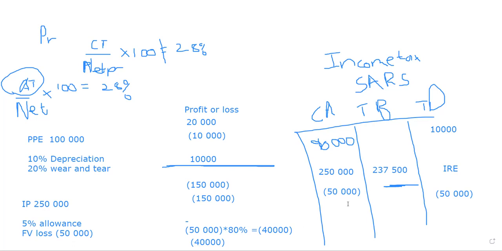If we are entitled to a deduction, that is a positive thing. So we debit deferred tax asset, and we credit income tax with 40,000 multiplied by 28%, which is 11,200. Yeah, that's how you do deferred tax.